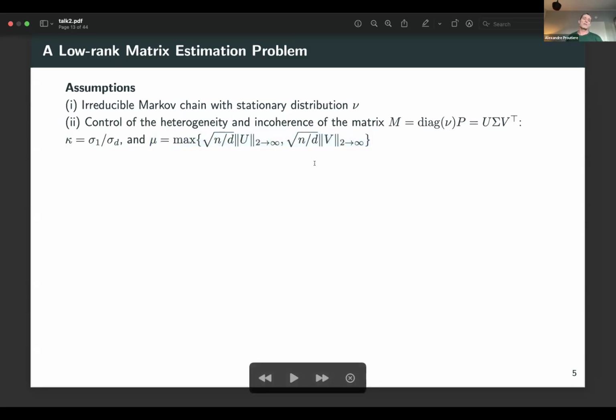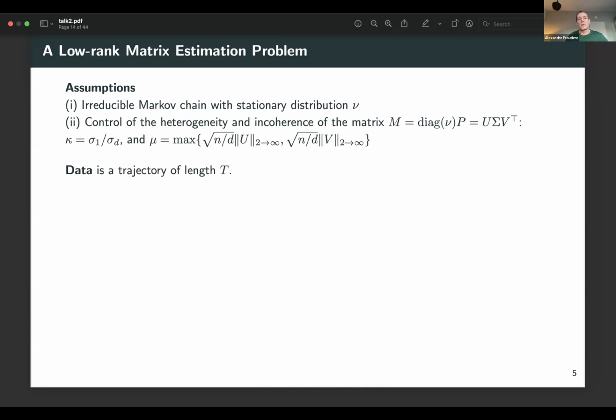Essentially, when studying low-rank matrices, if you have one entry that is non-zero and all other entries are zero, this matrix is of rank 1, but it's very difficult to estimate if you don't observe this entry. If you are not lucky, maybe you don't observe it. So you need some kind of assumptions to be able to recover the matrix from observing a few entries.